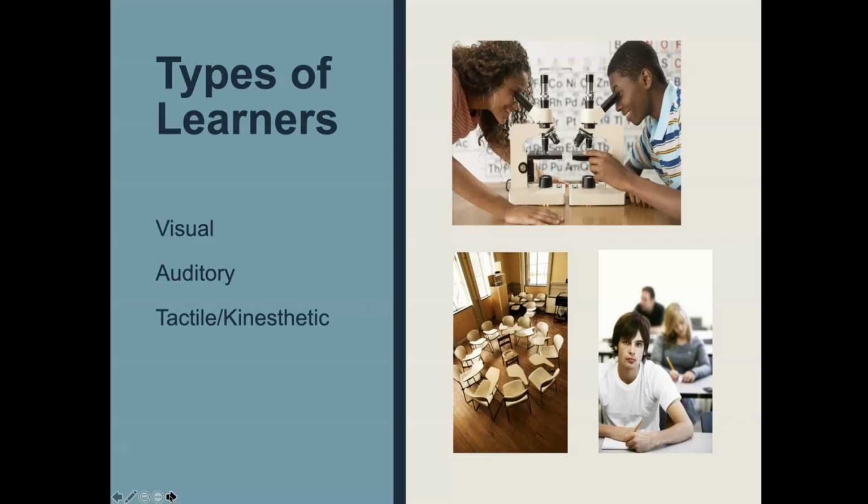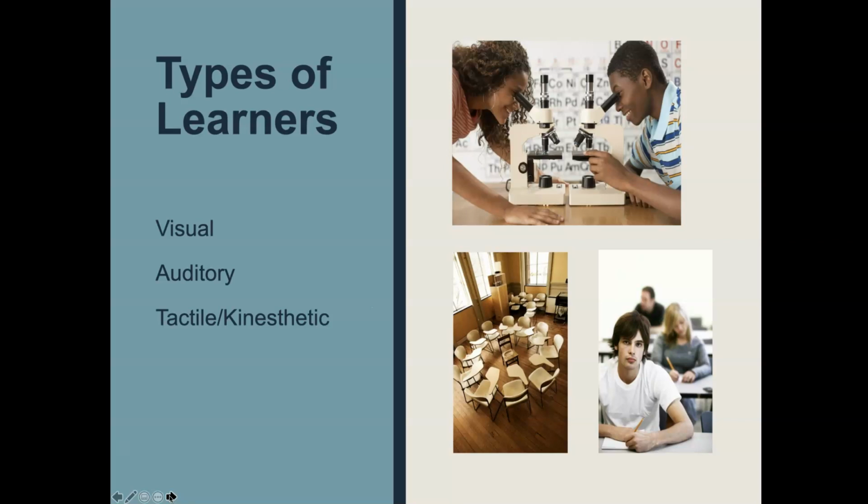And a tactile kinesthetic learner, we used to separate these and now we put them together. A tactile learner is someone who needs to touch something in order for it to make a direct connection to their brain. In fact, we found that there are extra sensors on the tips of the fingers of those who are truly tactile learners.